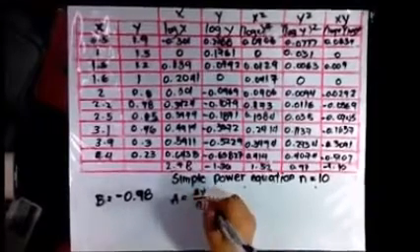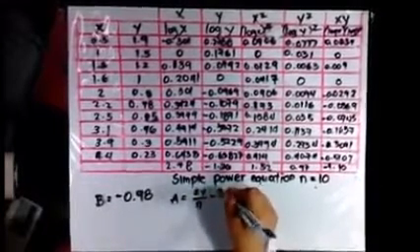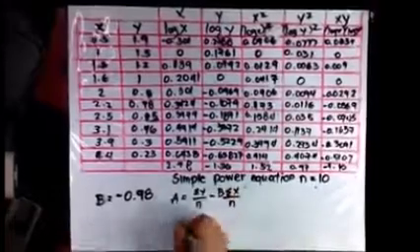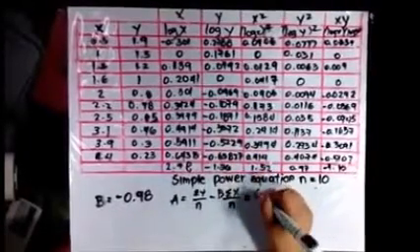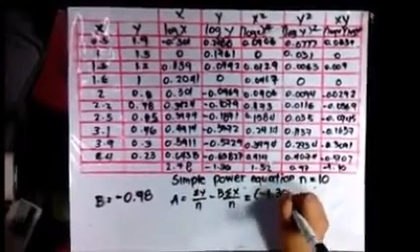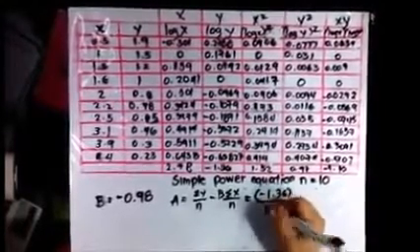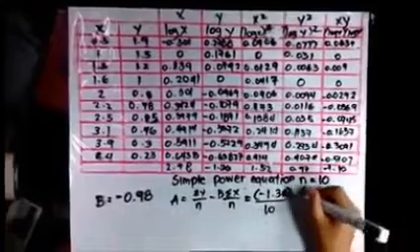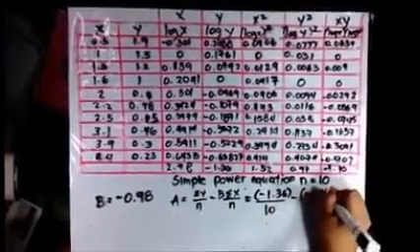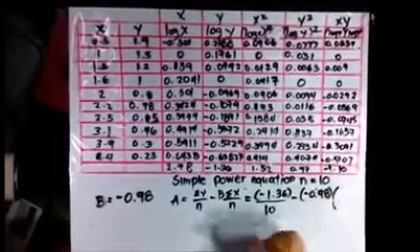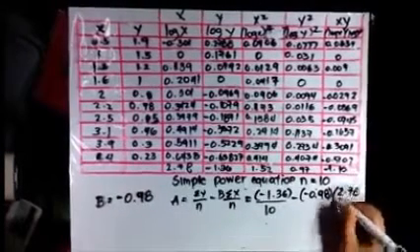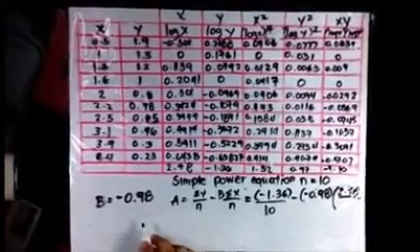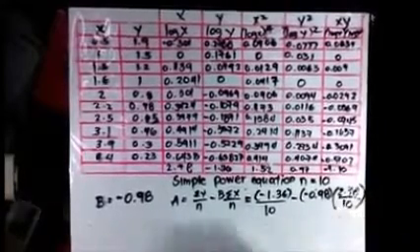Then we have to get the value of A. The formula is A is equal to summation of y over n minus B times the summation of x over n. Then substituting, summation of y, which is negative 1.36, over 10, minus the value of B, negative 0.98, times summation of x, 2.78, all over n, which is 10.